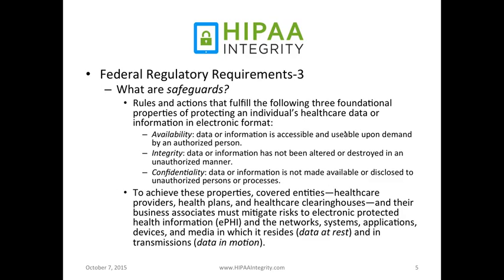The information has not been altered or destroyed in an unauthorized manner. It's represented as being what the authorized person has included in it. And confidentiality. Data or information is not made available or disclosed to unauthorized persons or processes. And persons covers in the federal definition corporations. It has a wide variety of meanings besides just being the individual.